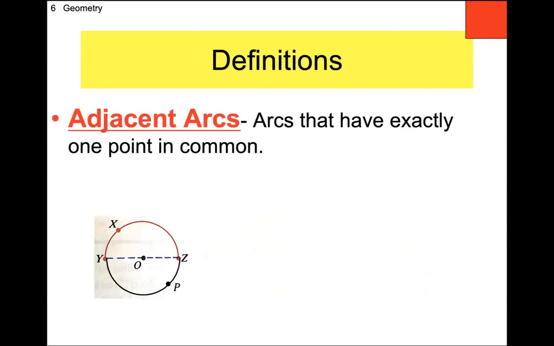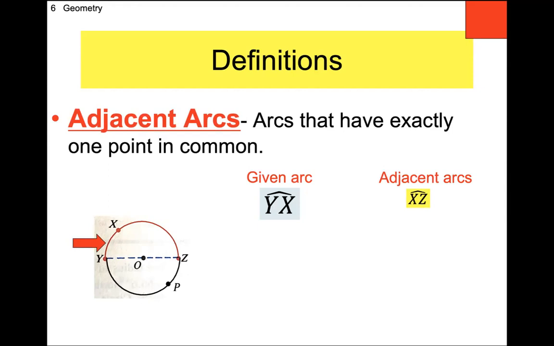If we have two arcs that share a common point, no overlap is allowed, but they share a common point, for instance, arc YX and arc XZ. If I tell you YX, then the adjacent arc to it will be arc XZ. So what shares a common point with YX? Well, arc XZ, right? But there's more than just XZ.